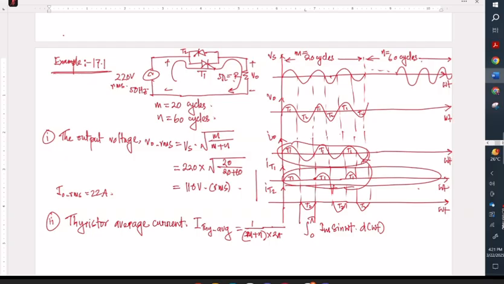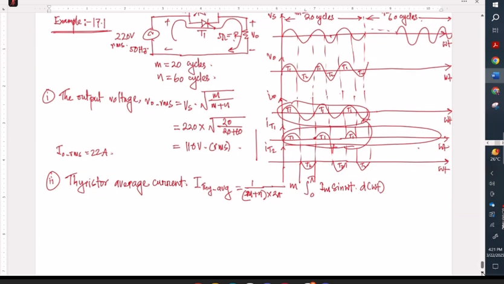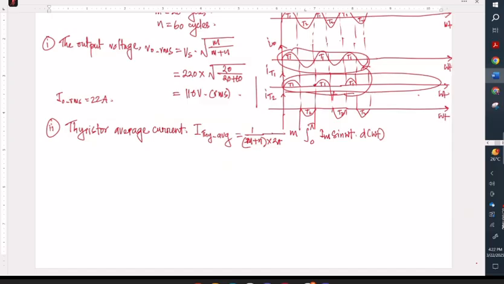How many times it will happen? 20. That means you have to multiply it with M, right? Yes. You got my point? Yes, sir. So it should be M over M plus N multiplied by 1 over 2 pi.